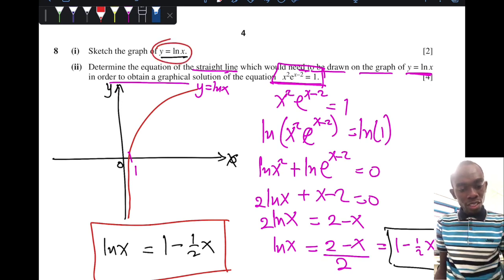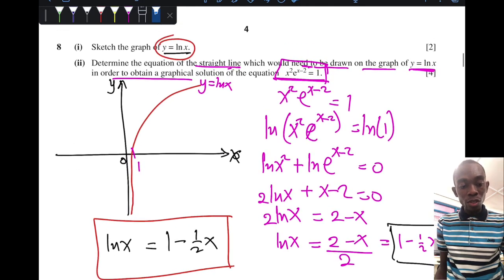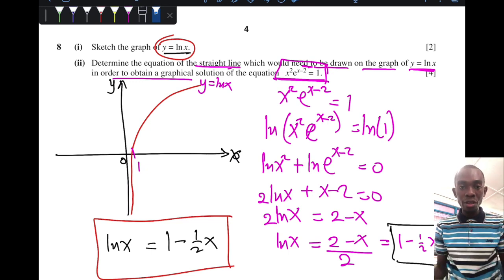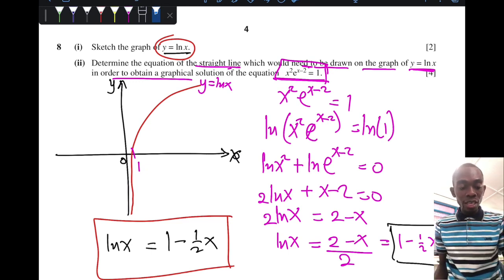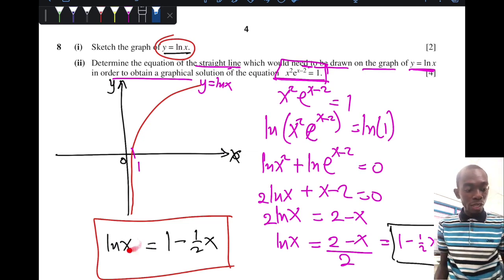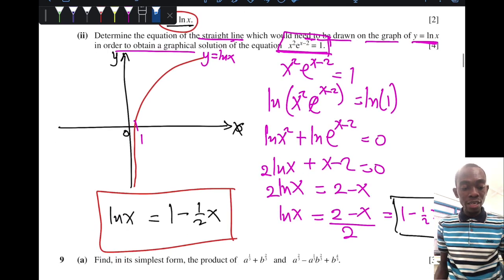And if you are sketching two things graphically, you want to have a solution, then you should have a situation whereby the two curves will cross themselves. From here, y equals ln x. Okay, so the second one, I want to make ln x the subject, so that even if I want to solve it algebraically, I can equate ln x to ln x and solve for the value of x. So that is the main reason why we make ln x the subject.